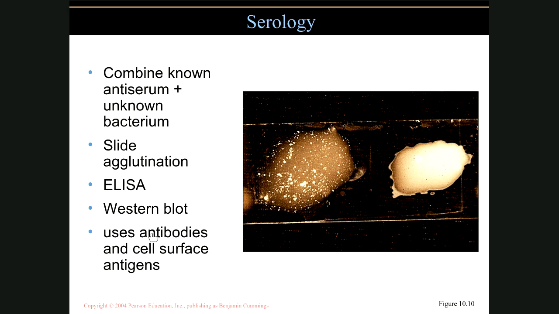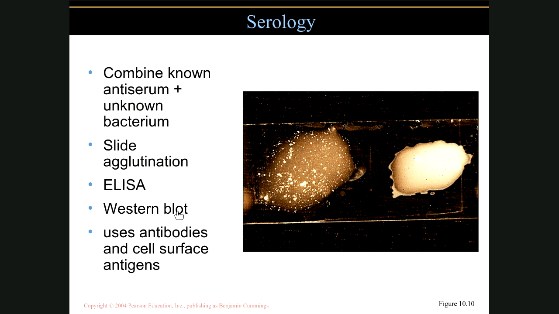Western blot involves electrophoresis. So hopefully you guys remember agarose gel electrophoresis. We normally use that to separate pieces of DNA, but we can also use gels to separate proteins. So you have a mixture of proteins and you separate them on a gel. And then you add your antibodies, which again are labeled.